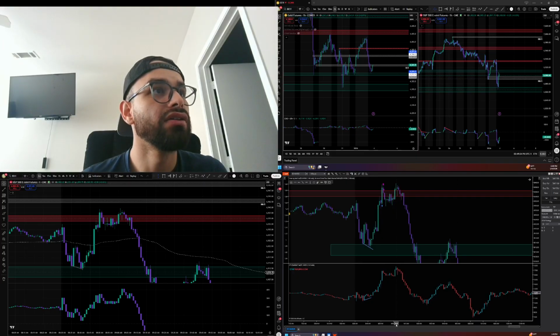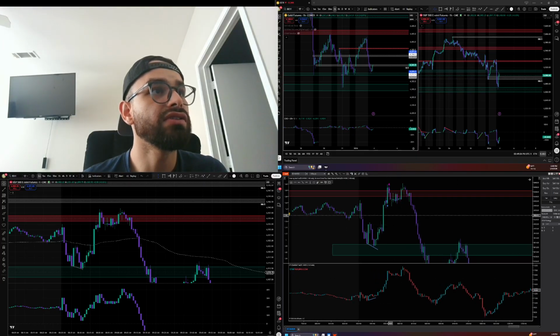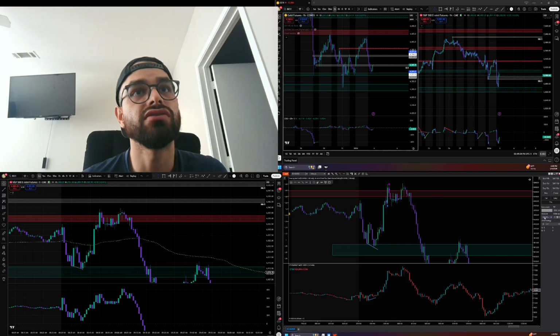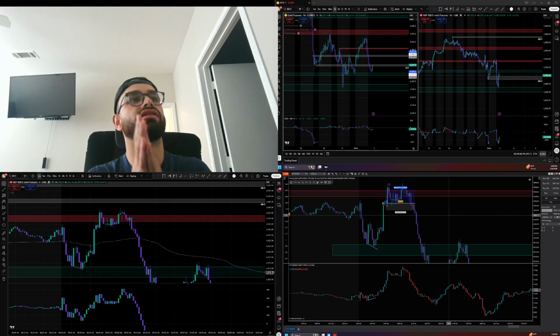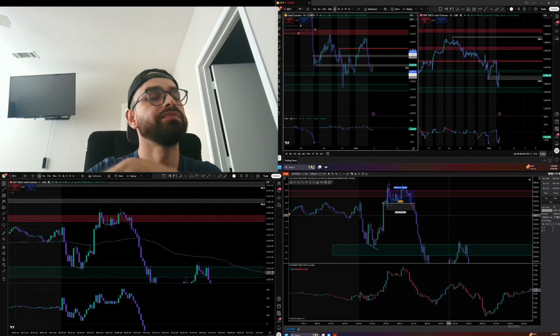The first trade that I took was actually right here. I was looking for a continuation, and I did a 2 to 1 risk to reward ratio.